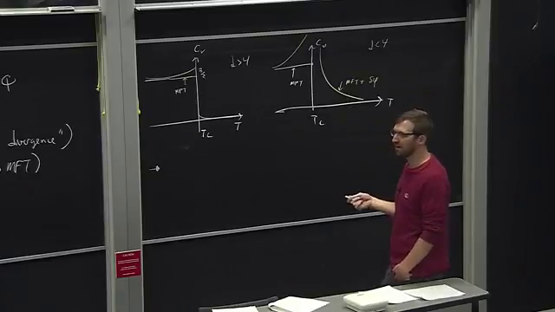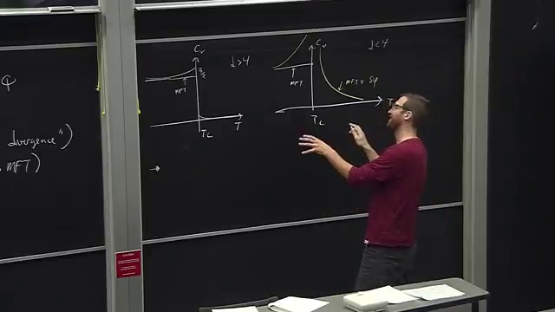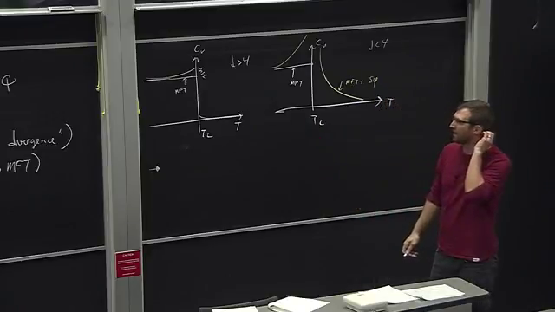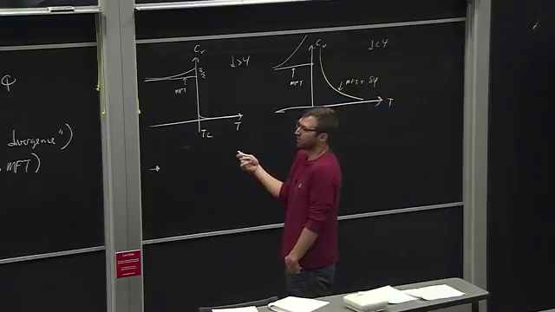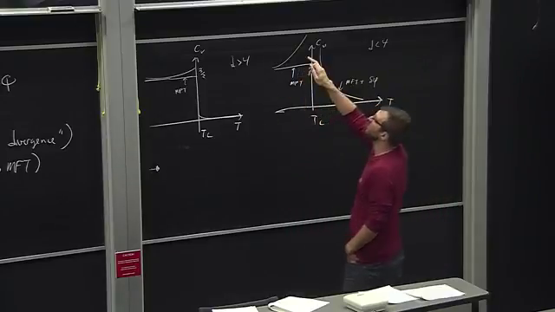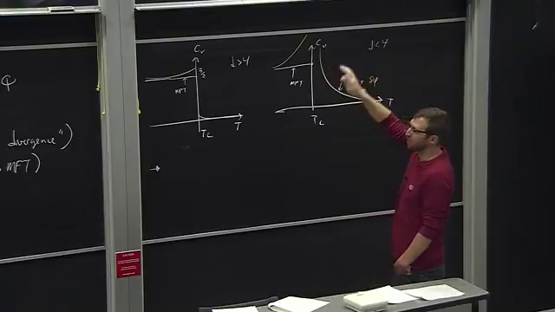So even though I just did this specific case of the specific heat, this breakdown of the theory would occur if I did any other quantity. It comes from the fact that I'm taking derivatives of this free energy to define thermodynamic quantities, right?